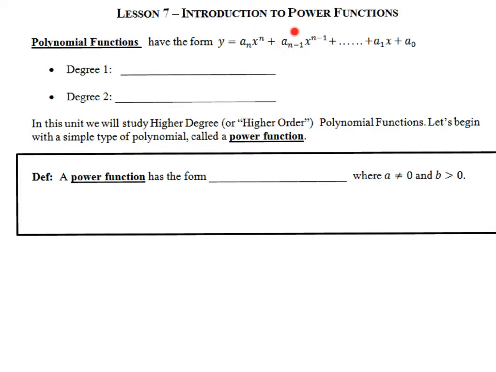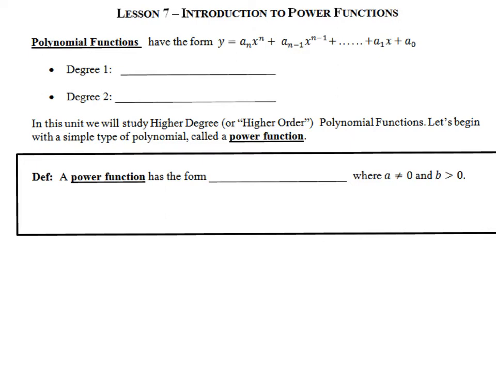This just means the coefficient of the variable with the power of n minus 1. So you'll notice that our powers on our x's are just decreasing by 1 as we keep going down the polynomial. A polynomial, of course, means that there could be many terms in the function.